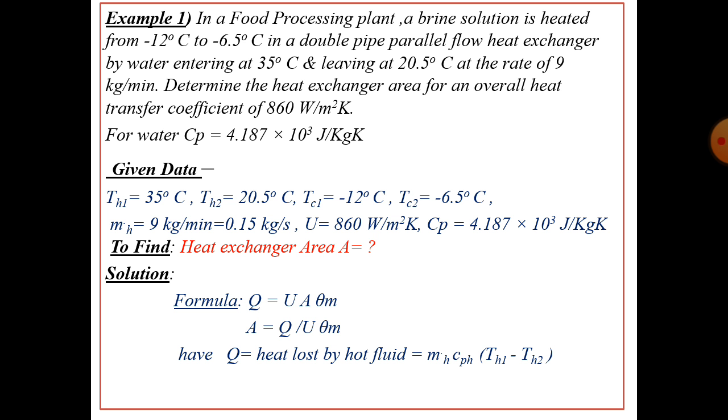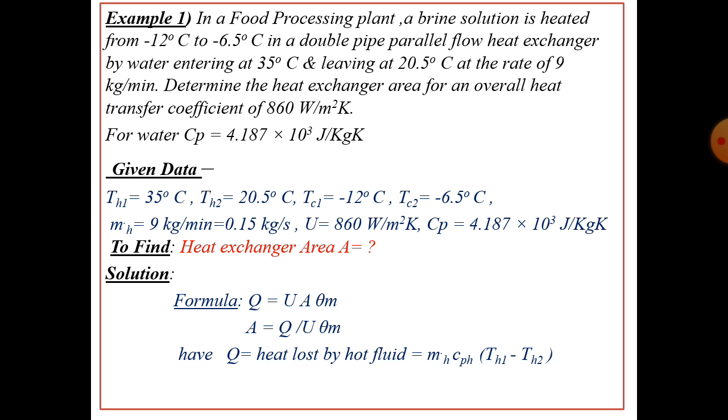Now, the formula for Q can be written either as heat lost by the hot fluid or heat gained by the cold fluid. As mass flow rate of hot fluid is given, we will write Q is equal to heat lost by hot fluid, which is m dot h Cph into bracket Th1 minus Th2. Mass flow rate m dot h is given, Cph is given, Th1 and Th2 are also given.